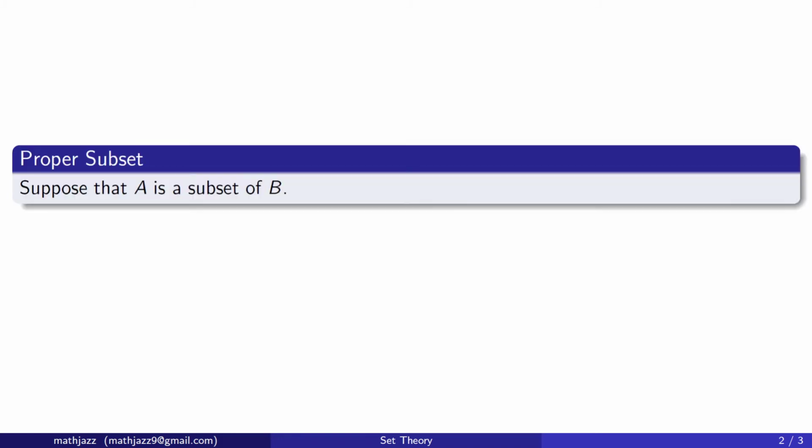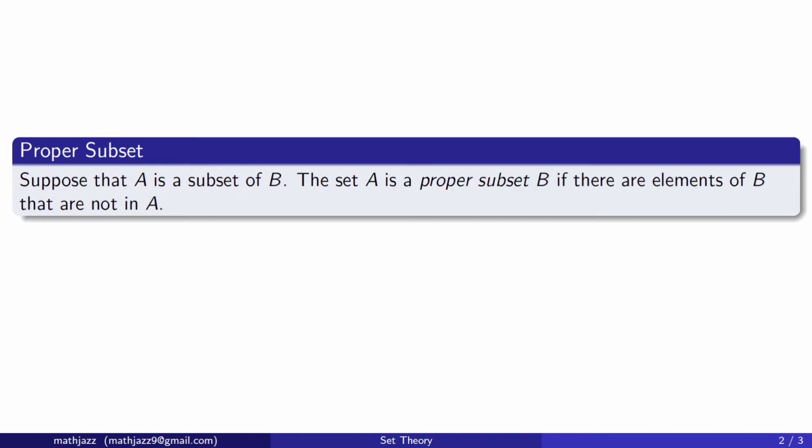We define proper subset. So first we set up a set with its subset. B is a set, A is its subset. A is a proper subset of B if there are elements of B that are not in A. So, for example, the even numbers are a proper subset of the integers because there are integers that are not even.